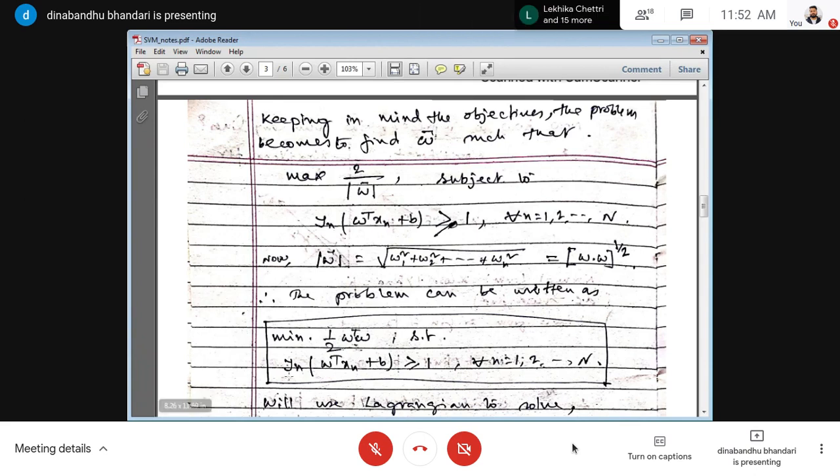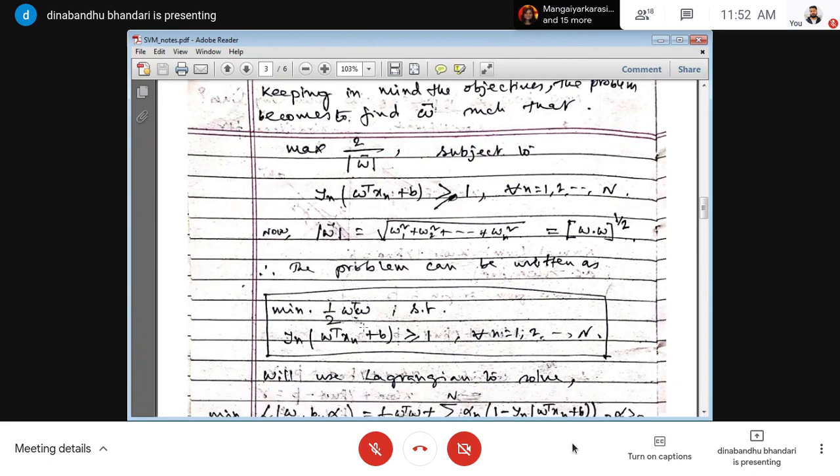Actually, how do we solve it? This is what they call the primal problem, but this is not yet the primal SVM, which will come after a couple of steps. So we have to solve this. This is clearly not a linear programming problem, because this is a quadratic term.